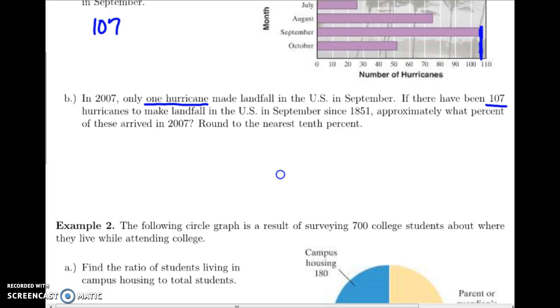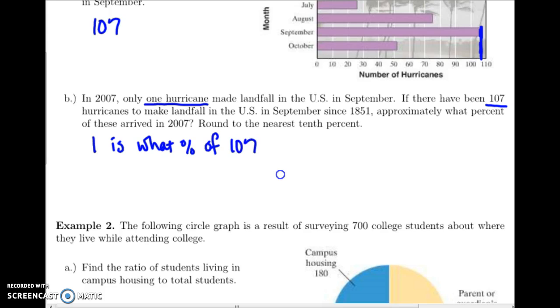We want to know what percent... no, I don't want to say it like that, I'm sorry. Let me write it this way. We want to know 1 is what percent of 107.